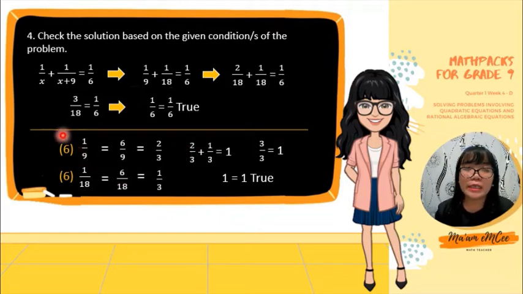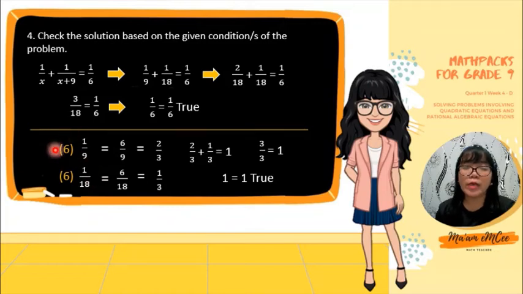Remember, 6 is the number of days it will take both Zamil and Michelle to do the job working together. So 1 over 9 here is the rate of Zamil. So this is the part of the work that he will be finishing after a day. And then this one, 1 over 18, is the part of the work Michelle can finish within a day.